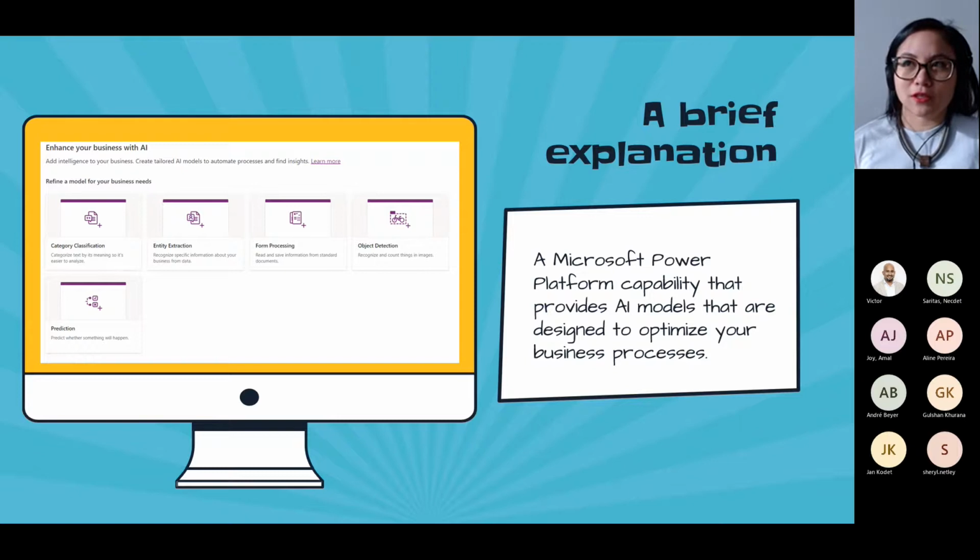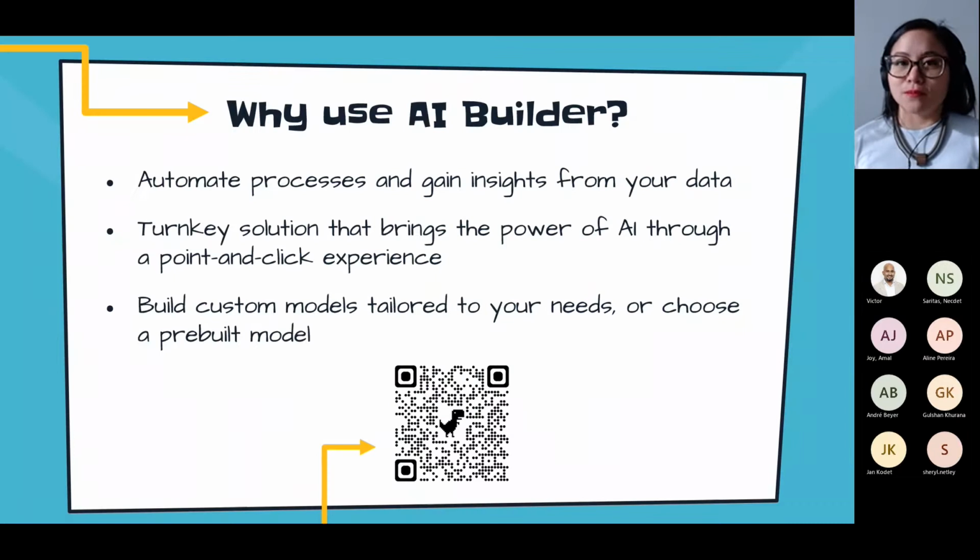So then the next question that you're probably thinking is, well, why should I use it? And I want to talk about the second bullet point in this slide. When I say turnkey solution, it's basically something that you can click and set up. When I say click, it's just you clicking away on your mouse. In other words, you don't need to have a background in programming or software development or be a data scientist.